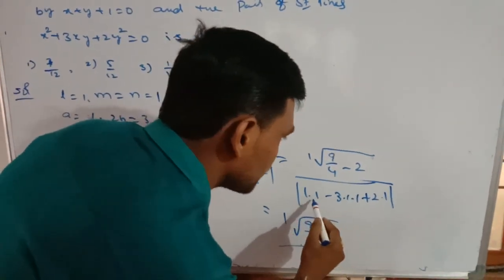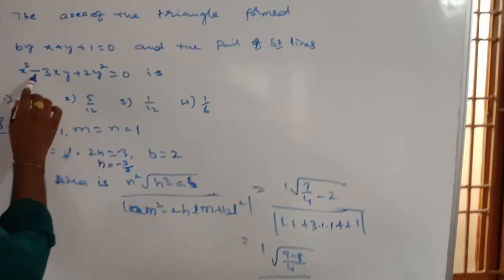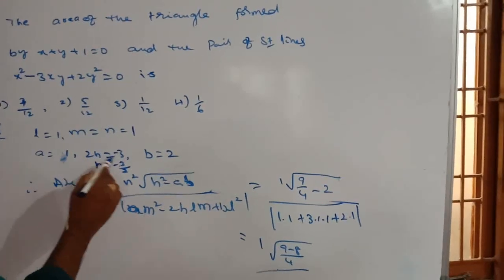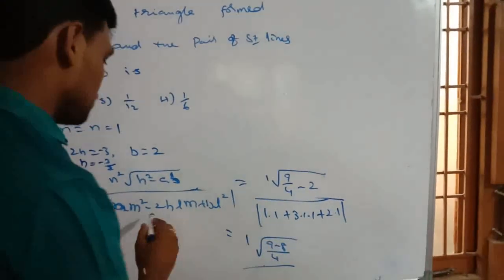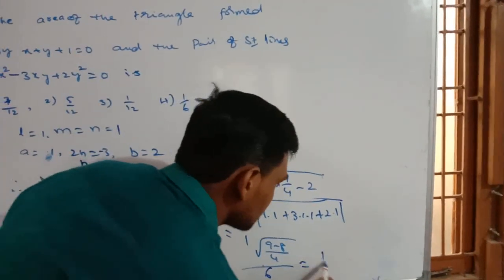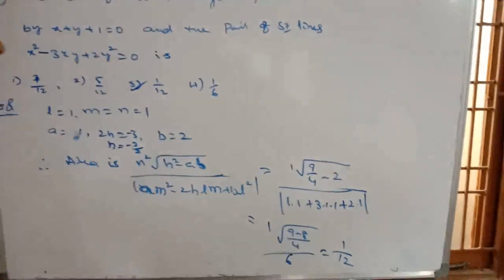Here the sign should be minus instead of plus. So 2h is equal to minus 3, and minus of minus is plus 3, by 6, and this is 1 by 12. Now the answer is the third option, 1 by 12.